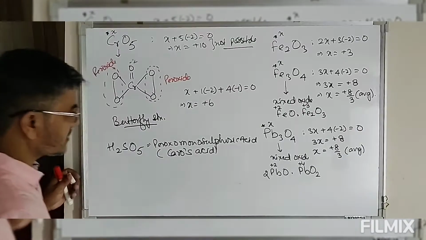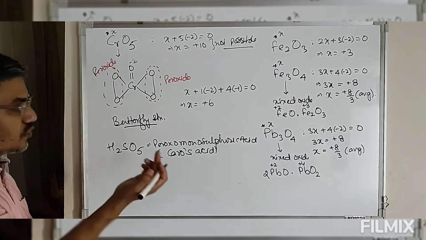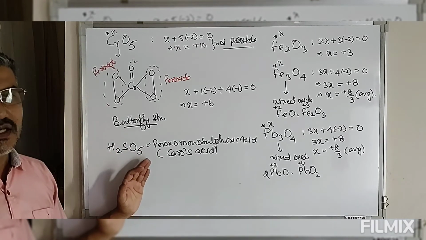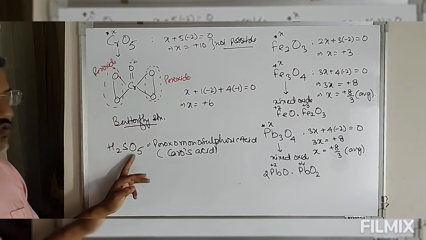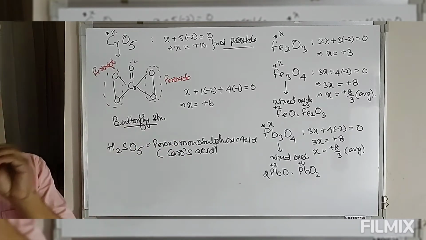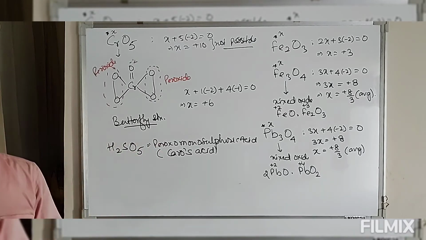As the name suggests, this is peroxo, meaning we have peroxide oxygen. Simply, if we take all these oxygens to be oxide, then again the oxidation state comes out to be 8. The highest oxidation state of sulfur possible is plus 6. So sulfur cannot have a plus 8 oxidation state.